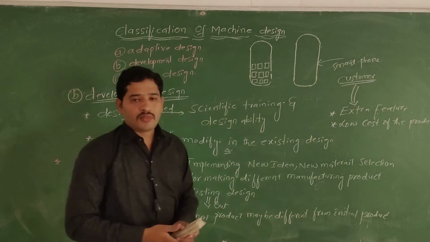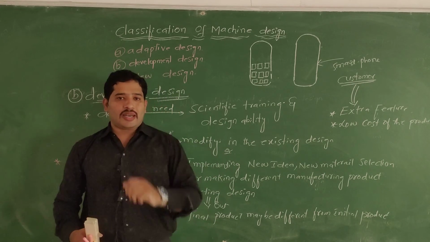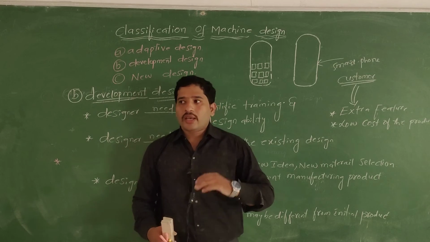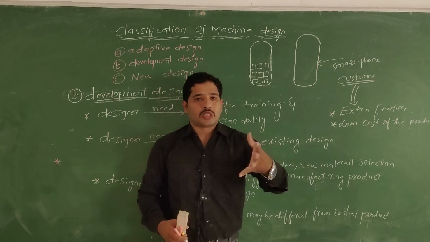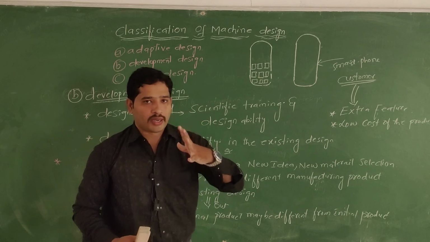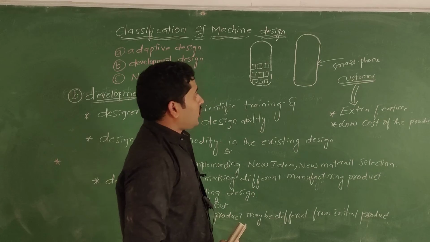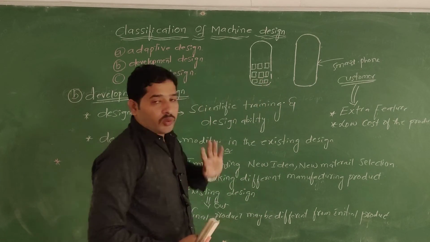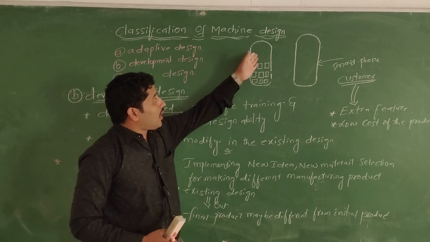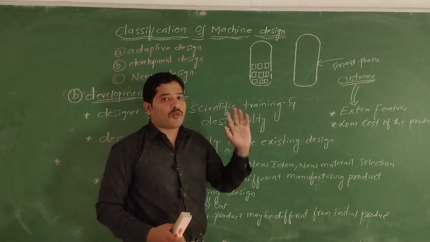Let us see the intention. Our design engineer's job is to fulfill the requirement of the customer. We need to satisfy the customer with what the customer wants. The customer wants the smartphone, not the button phone. Since 10 years ago, all people were using the button mobile phone.